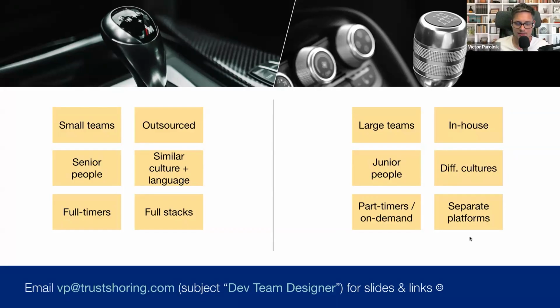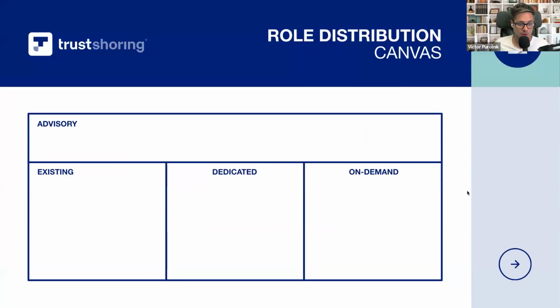And that is that. So here also is the role distribution canvas that you have in your workbook. And here you can say, okay, who is on my existing team? Who is dedicated? Who is on demand? How do those roles connect? And then we have an advisory level here where you can, if you have any advisors, for example, a fractional CTO or CPO, here you can put people in.